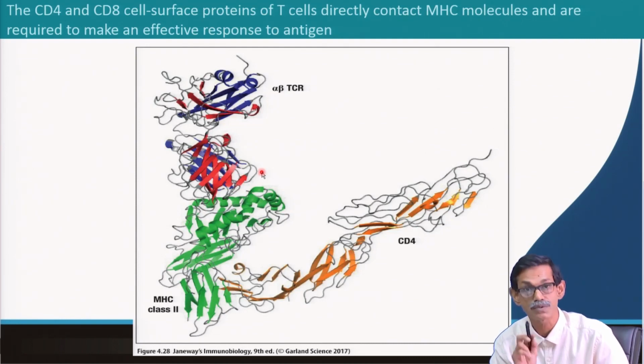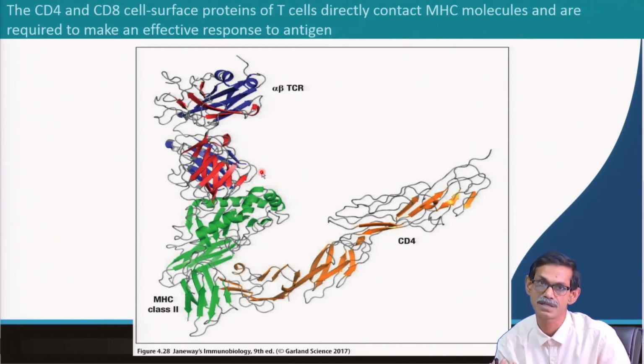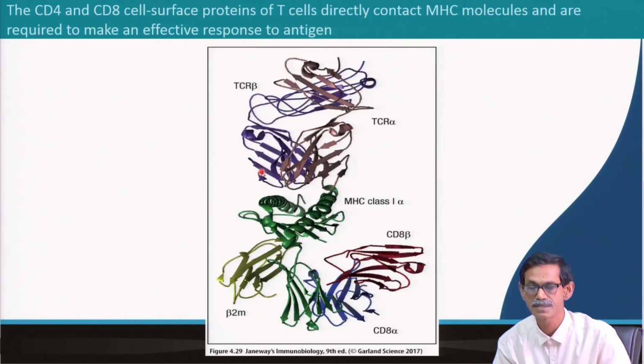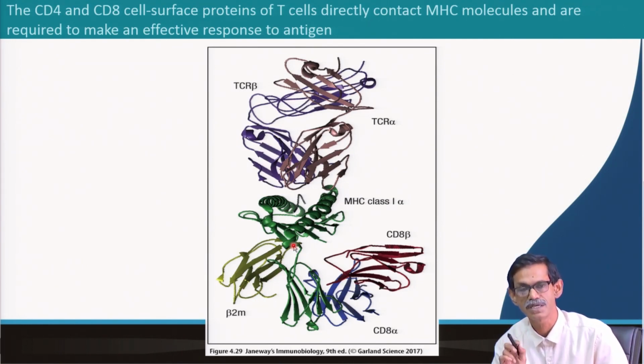This confirms that what was shown in the previous slide is not just what people thought was happening. It is happening and it is proved by crystallization of the whole complex. The same is true with CD8, like TCR, MHC1 and CD8. In both cases, it is not speculation, it is fact.